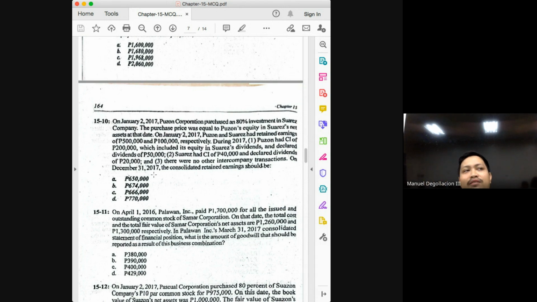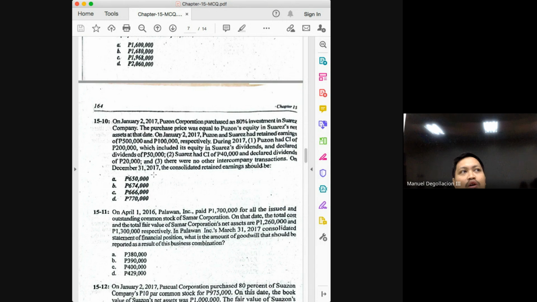Do you get the difference? How does the parent compute for its ending RE, class? It will use its own profit. How does the subsidiary compute for its ending RE? It will also use its own profit. So obviously, if we are trying to compute for the RE, I hope you understand when I say RE, I'm referring to retained earnings.